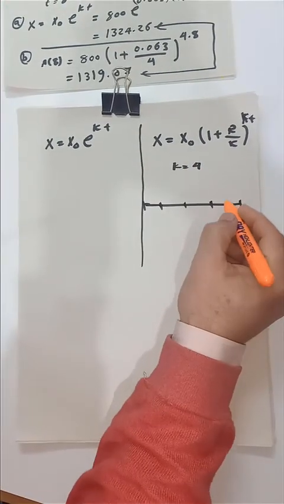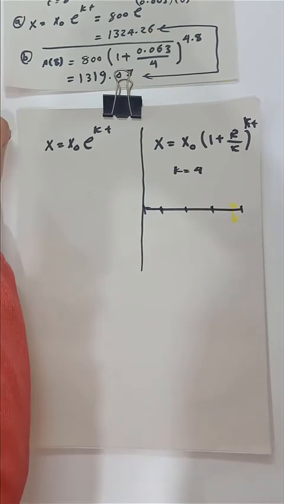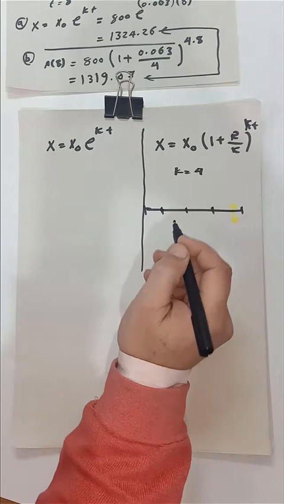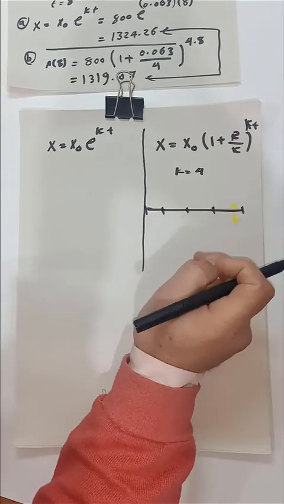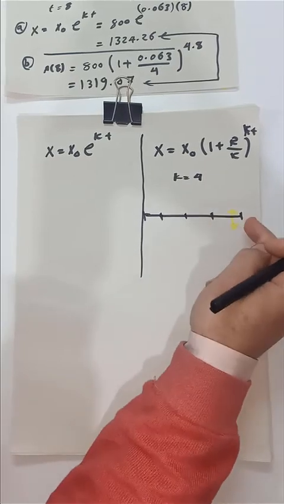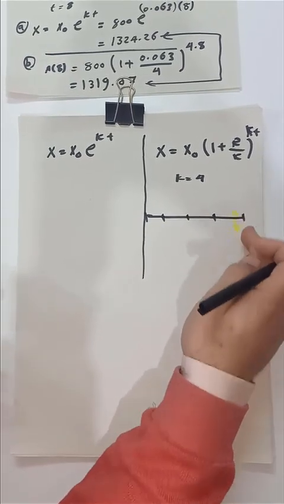If we stand here at this point, this means we have the interest of money at 3 intervals only, because we don't reach the end of the year.